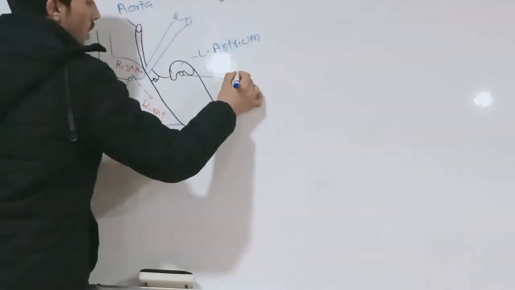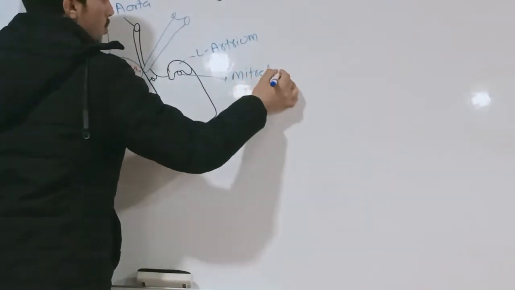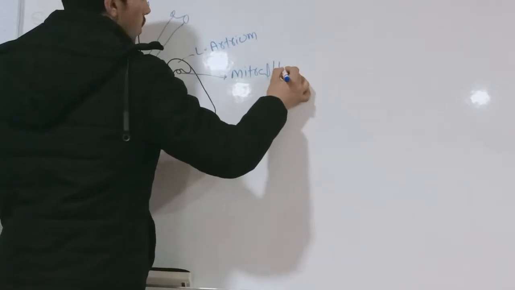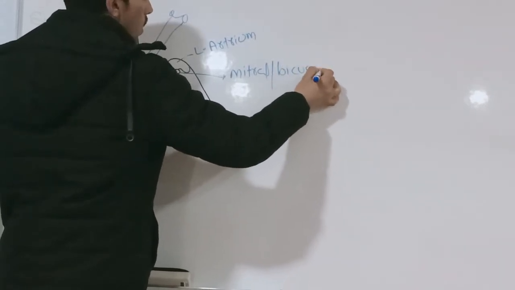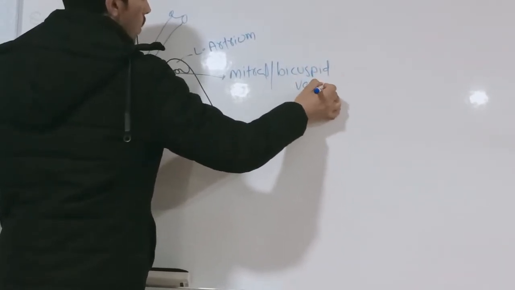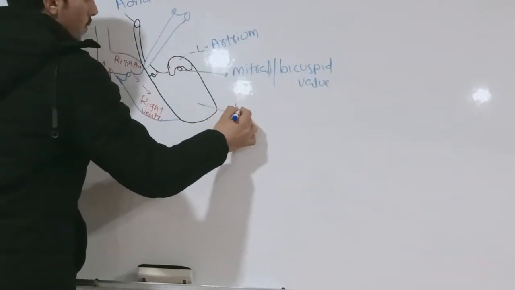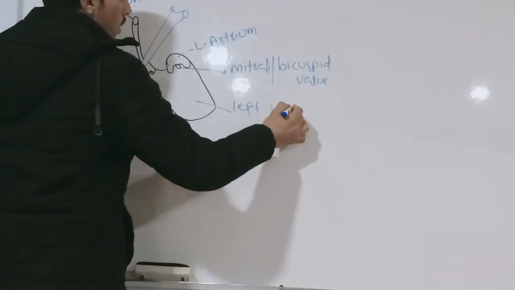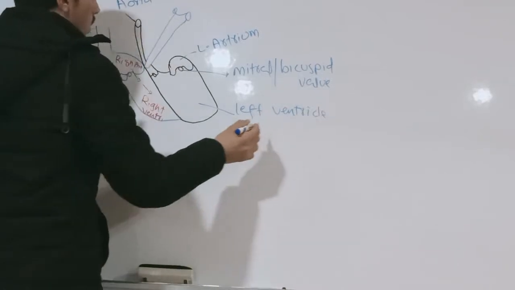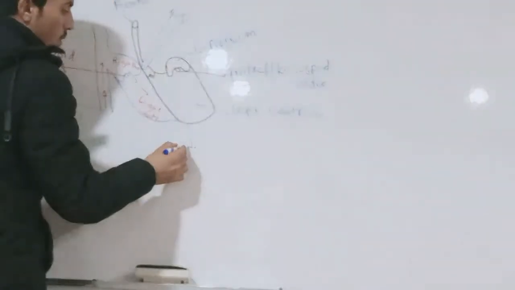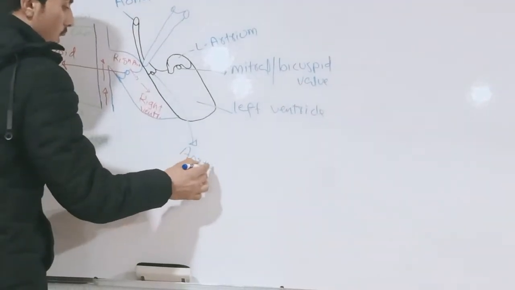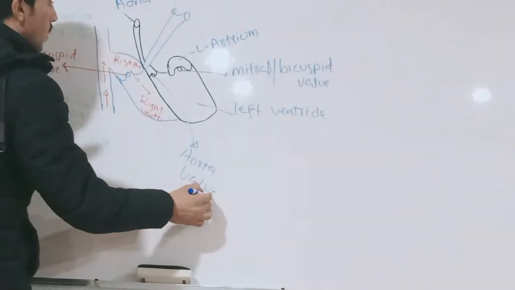This is the mitral valve or bicuspid valve. And this is the left ventricle. And this is the aortic valve, and this is the aorta.